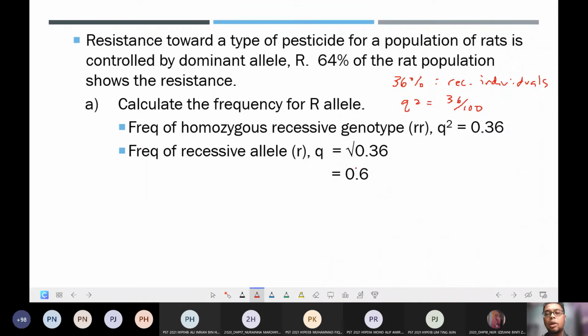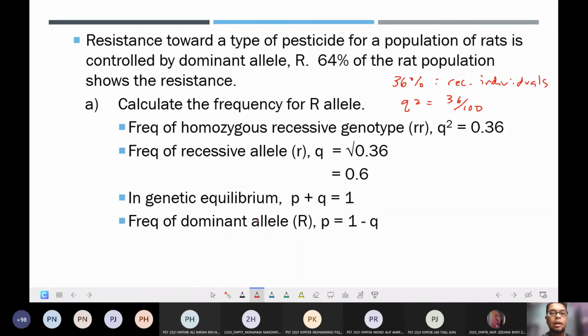Don't worry. Once you get the value of the q, then it will be easy because you just need to use this formula p plus q equals to 1, in which the frequency of the dominant allele, capital letter R, is p. So p equals to 1 minus q. Maka dapatlah 1 tolak 0.6 ni, dapatlah 0.4. So this is the answer for the frequency of capital R allele.